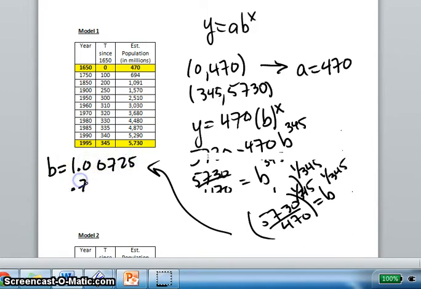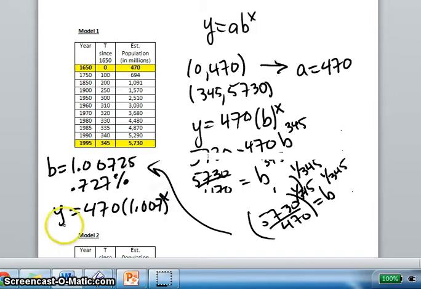That's 0.727% growth. And our model, therefore, in its final form looks like y equals 470 times 1.007 to the x power. Model number 1.